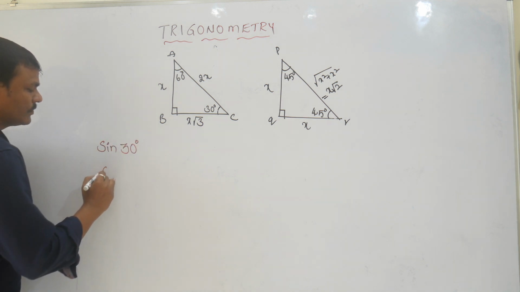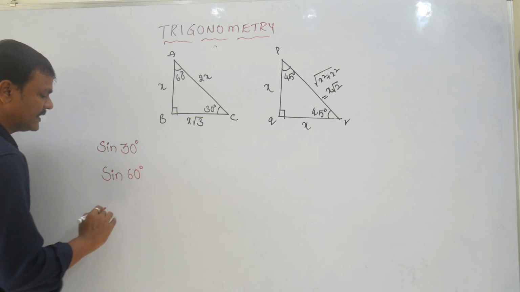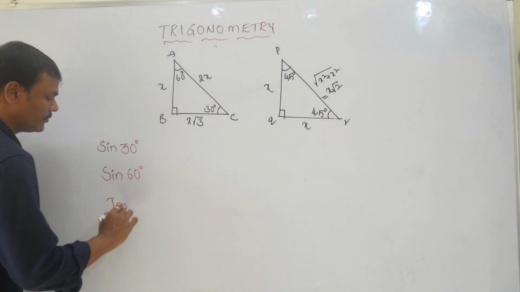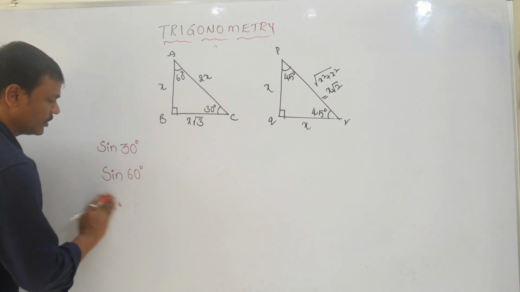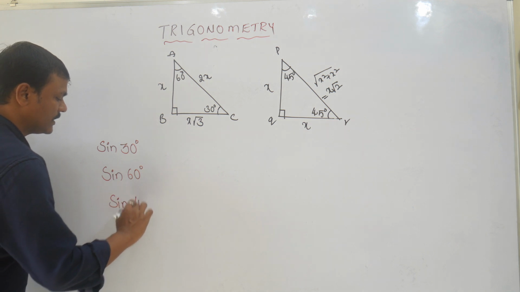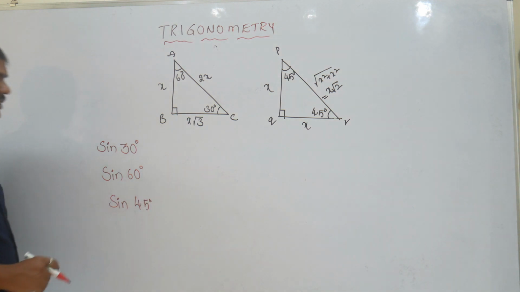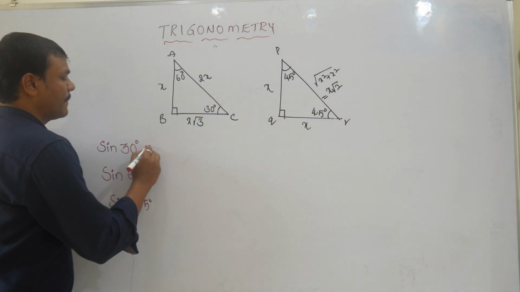Let's write sin 30, sin 60, sin 45. Okay, first I am going to write sin 30, sin 60, sin 45.